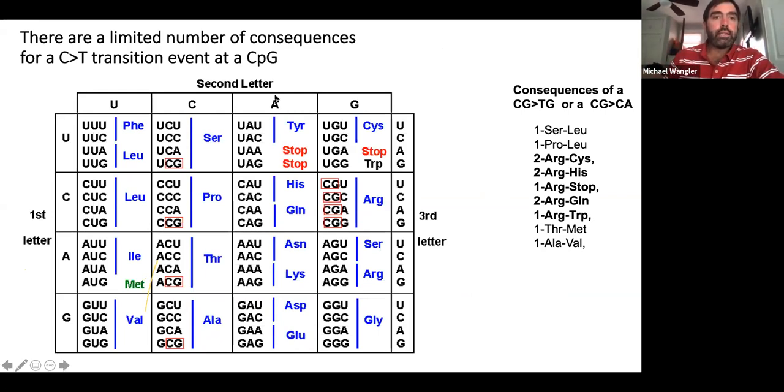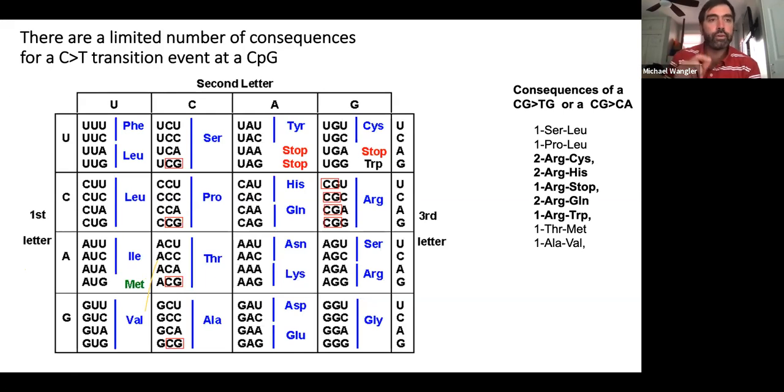I always had this perception that mutations are pretty random and you can change these amino acids pretty randomly. But if you think about a transition event at a CpG dinucleotide, which is by far the most common single nucleotide change that you're going to see, you realize that you're in pretty constrained space here.